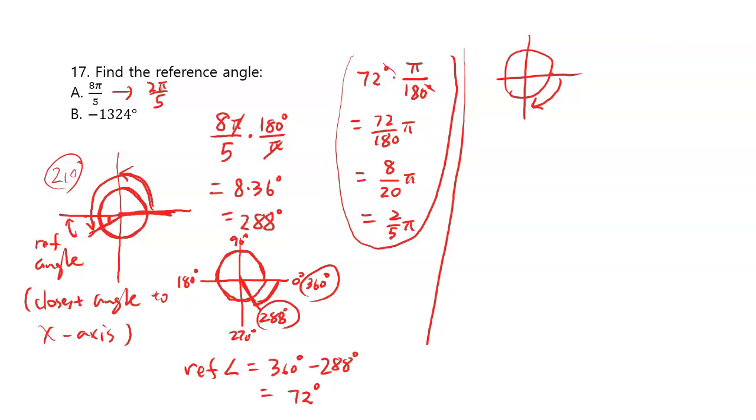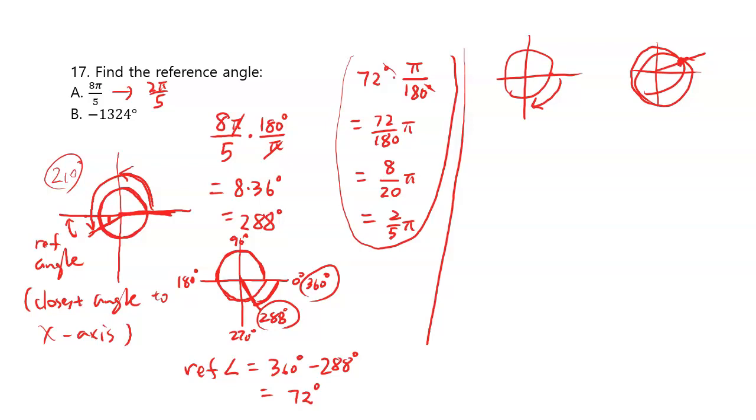If two angles are apart by 360, they land on the same place, right? So if two angles differ by 360, we say that they are coterminal angles.